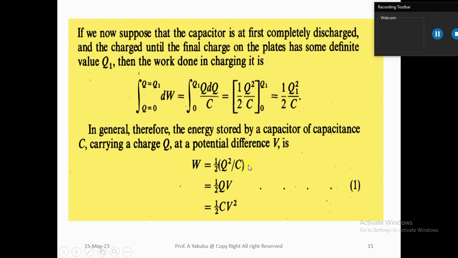And half q squared divided by c is the same thing as half qv. Why qv? Q is still there, and with another q over c, c is q over v, so you have qv, which is the same thing as half cv squared.